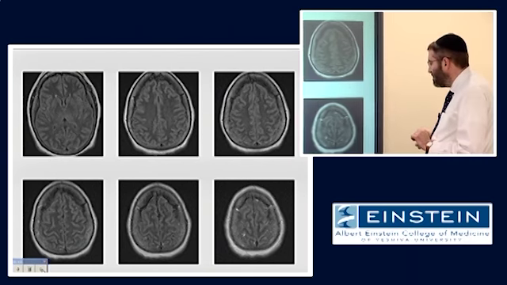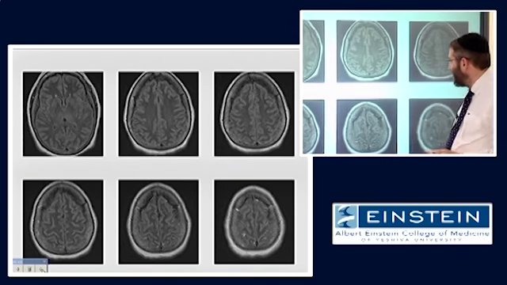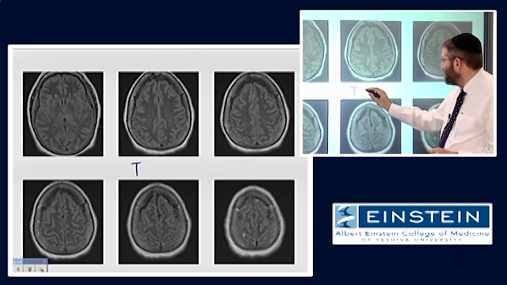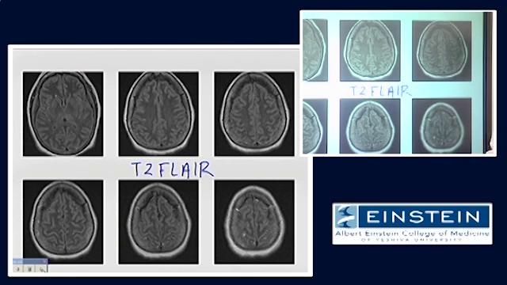So in these images, we expect, if this is T2 FLAIR, and assuming we did things correctly, we should have no signal from CSF.